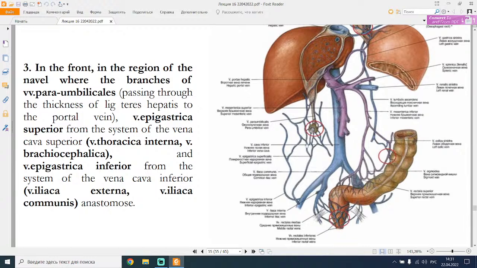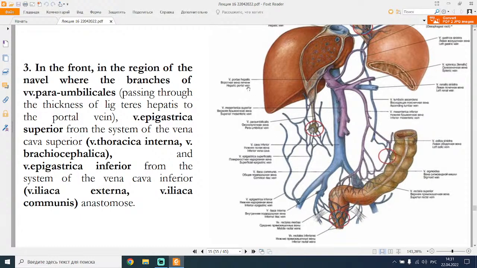Vena epigastrica superior, from the system of the vena cava superior, vena thoracica interna, and vena brachiocephalica, and vena epigastrica inferior, from the system of the vena cava inferior.